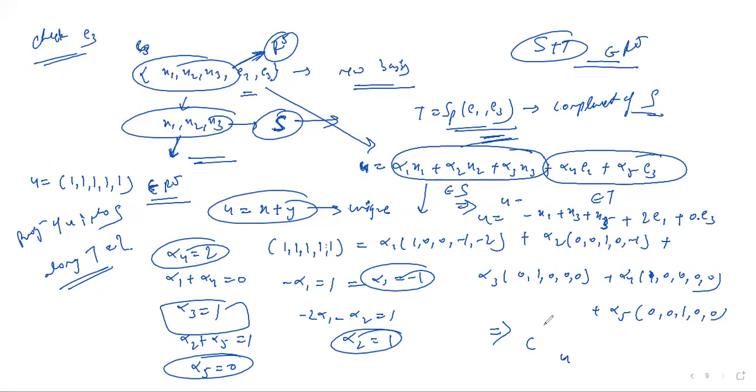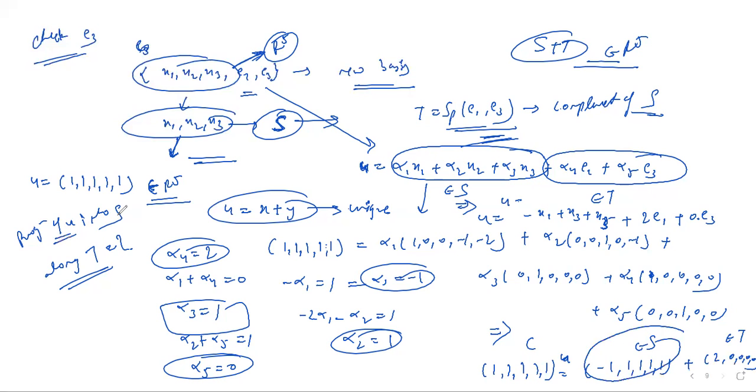So I am writing this u vector, which is 1 1 1 1 1, as minus 1 1 1 1 1 plus 2 0 0 0 0, where the first vector belongs to S and the second belongs to T. So this will be my vector projection of u into S along T, and this will be my vector projection of u into T along S.